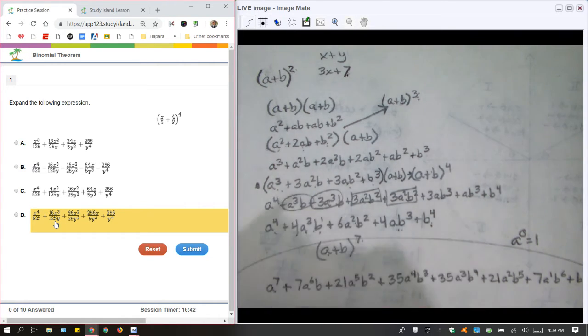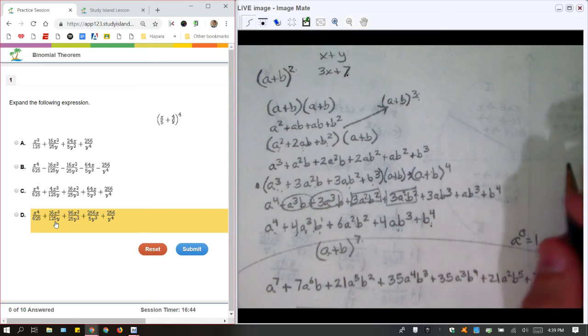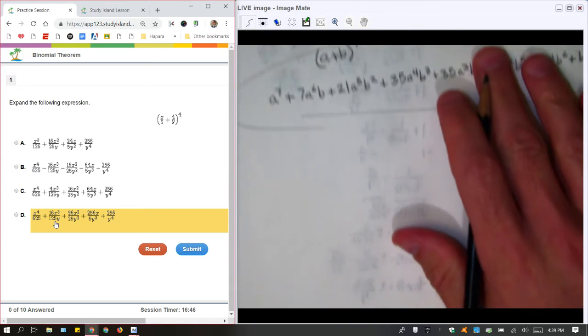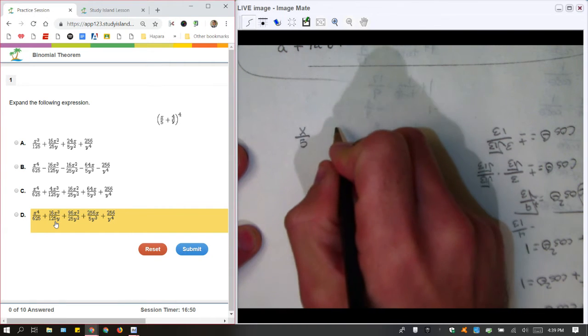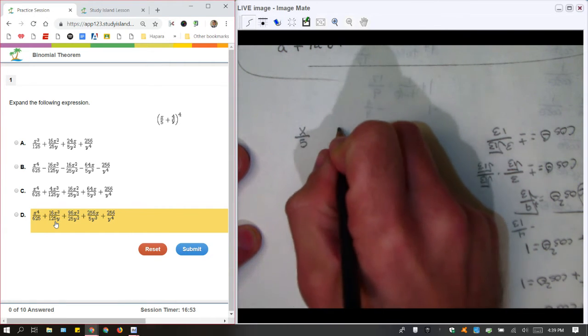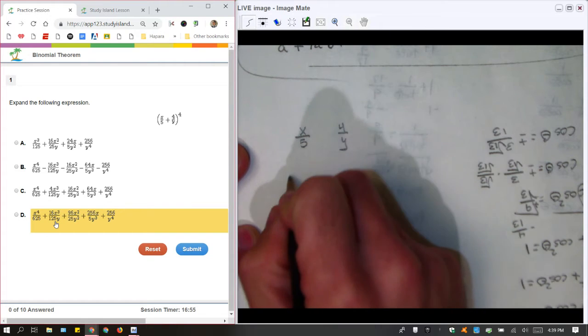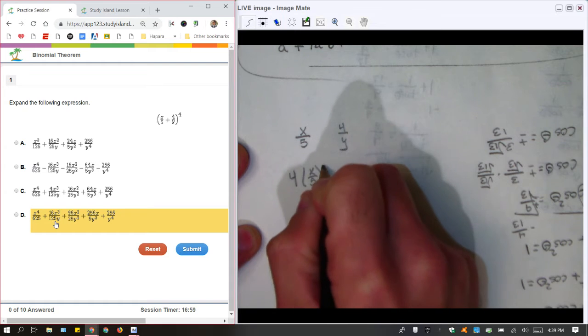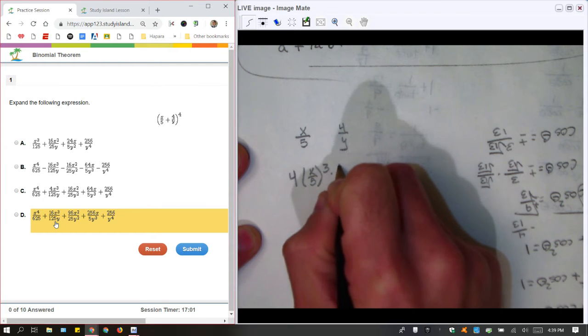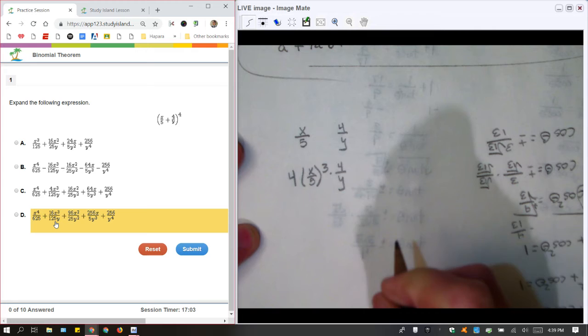So what does that mean? Our first term in this binomial is x over 5. And our second term is 4 over y. We want 4 times the first term cubed times the second term. So what does that look like?